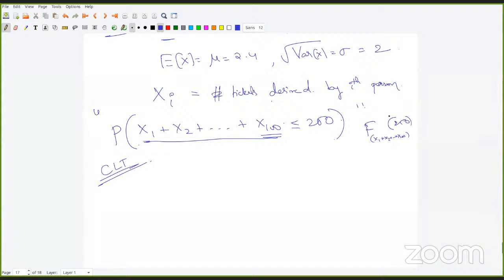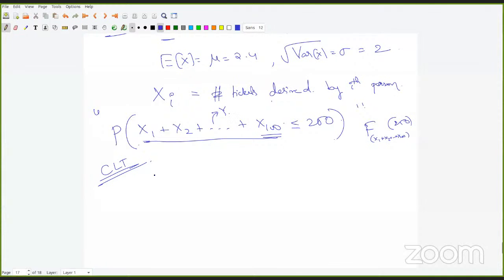What we do is treat x1 plus x2 plus ... x100 as one new random variable Y. We convert it into a standard normal and compute the probability.